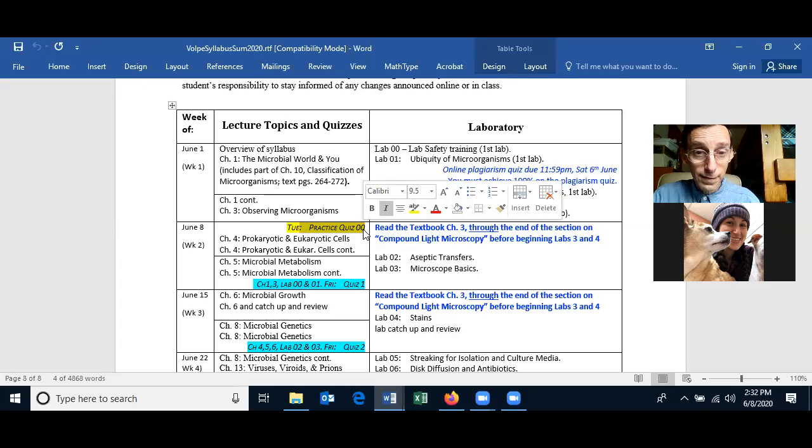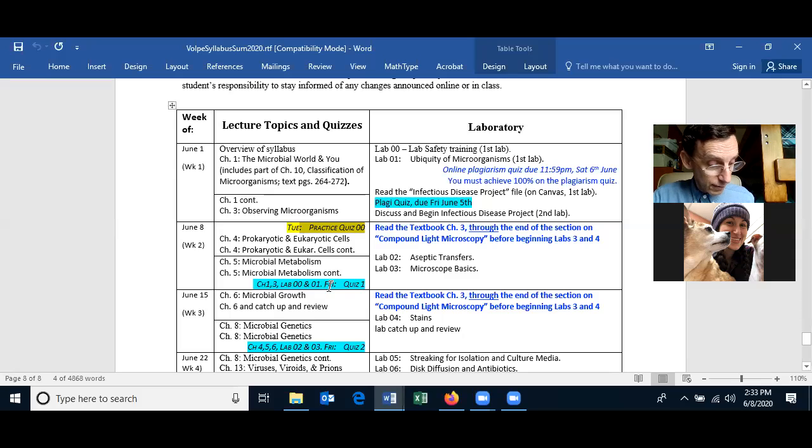And then the real quiz for the lecture and the lab over chapters 1 and 3 and lab 00, meaning the lab safety, and lab 1 will be due by Friday, 11:59 p.m. You must take it from midnight on Thursday night to any time on Friday until 11:59. After that, the quiz will no longer be available. Any question about that?